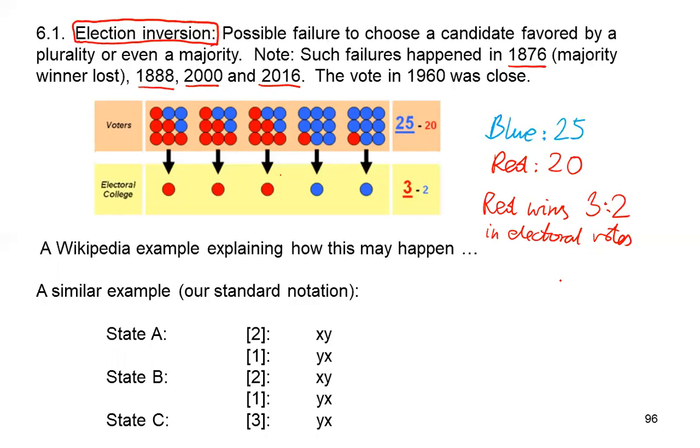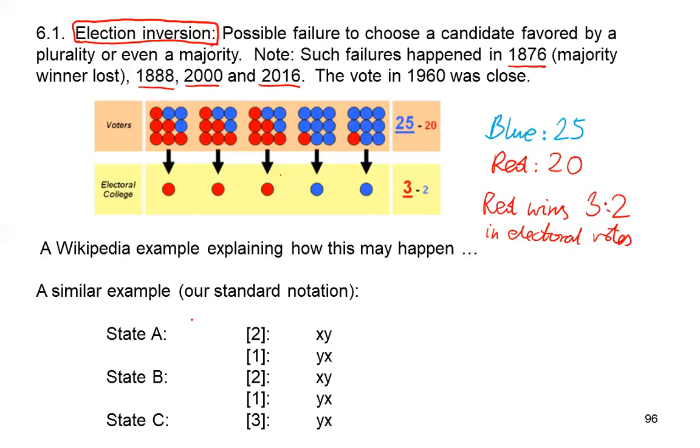And the driving force here is that red wins by a narrow margin in just a narrow majority of states, while blue wins in almost one half of states with a huge margin, so it has surplus votes in those states. This is actually what happened to some extent in the 2016 elections. Mrs. Clinton, for instance, won in California by a huge number of votes, and those votes were essentially wasted in some sense.